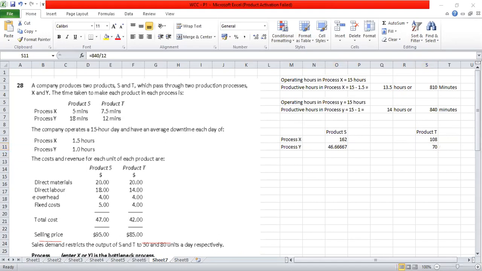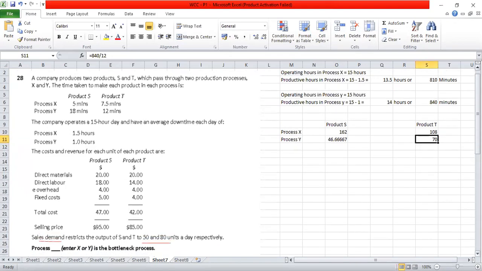What are the demands? The demand for each of these products is 50 and 80.